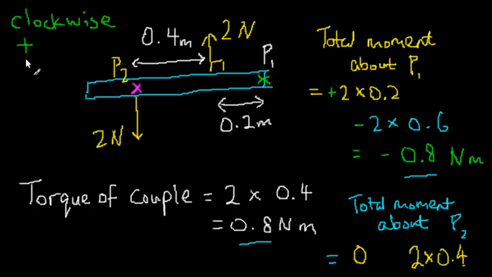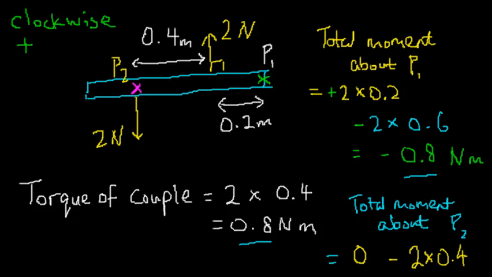Since we have decided to choose clockwise to be plus, anti-clockwise should be negative, so I need to put a minus sign here. So 0 minus 2 times 0.4 is the total moment about P2.